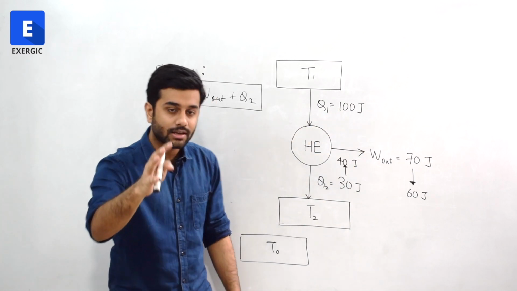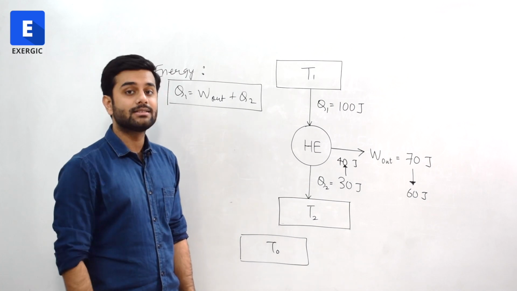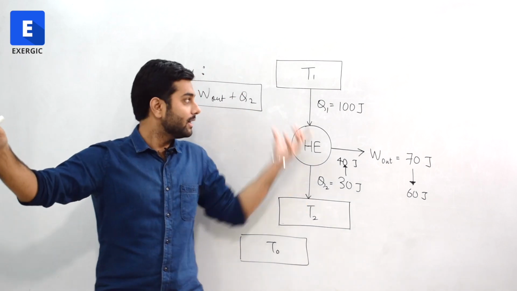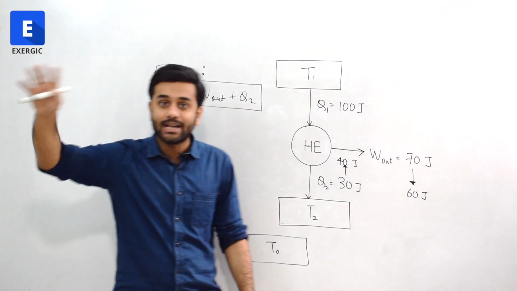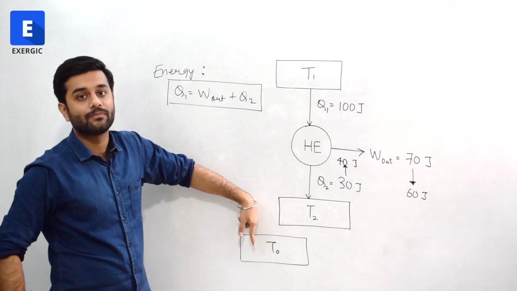Then I will not use a reversible heat engine between T1 and T2. I will use the reversible heat engine hypothetically, even if the question has not told you that a reversible heat engine is to be used. Hypothetically, I will use a reversible heat engine between T1 and T0.